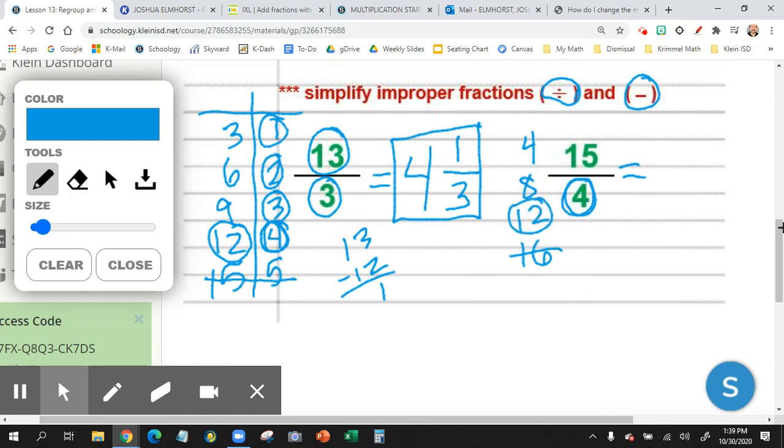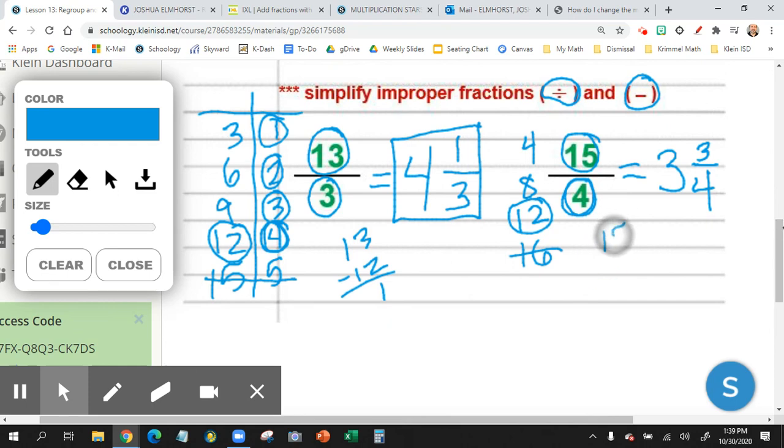So we've got 1, 2, 3. 12 divided by 4 is 3 whole numbers. And then 15 minus 12 is left with 3 as a remainder out of 4.